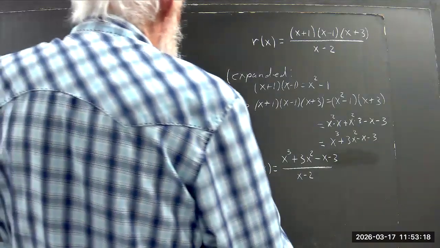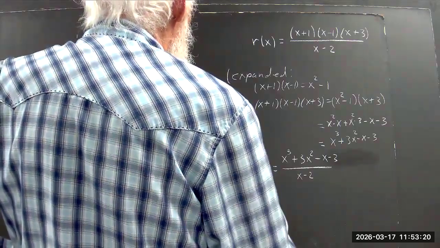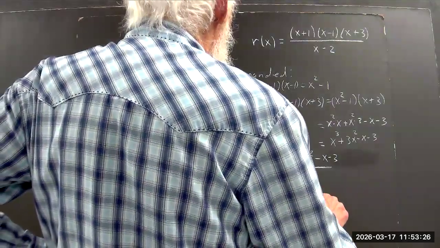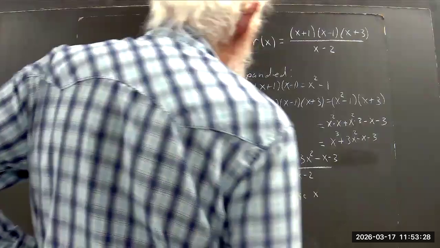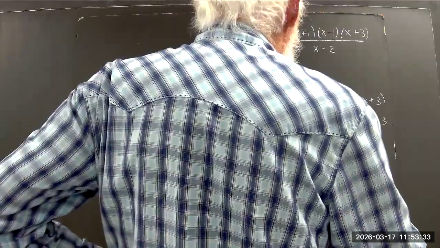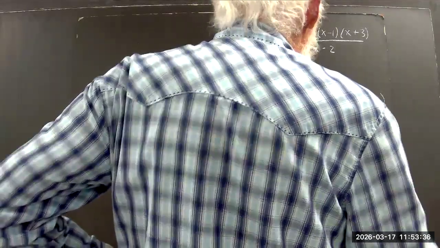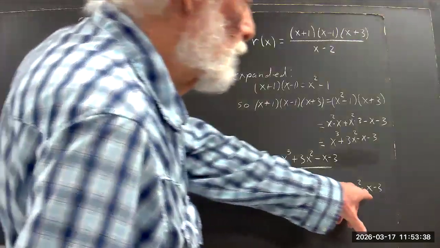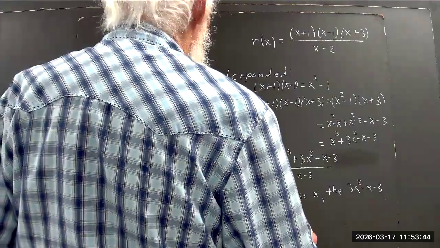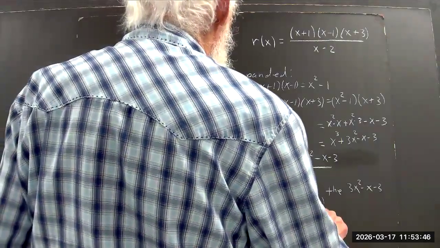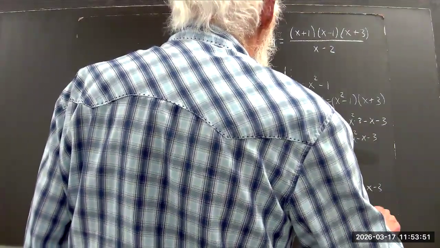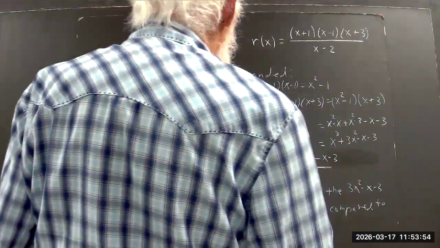Now, for very large x, the 3x squared minus x minus 3 is insignificant compared to x cubed.